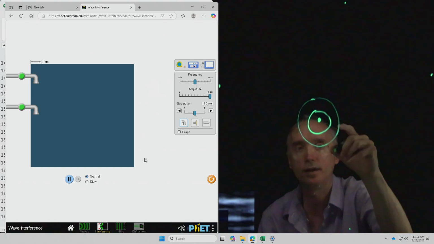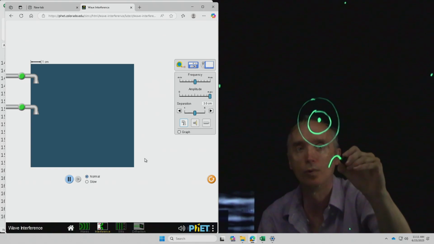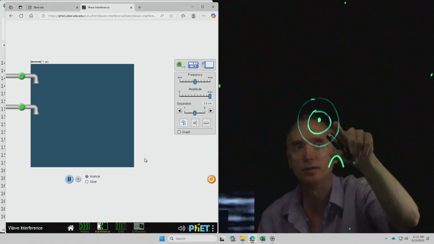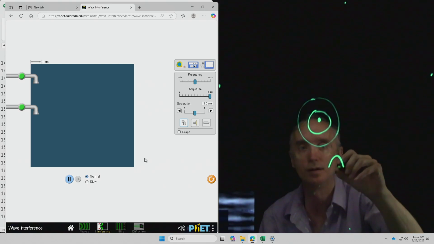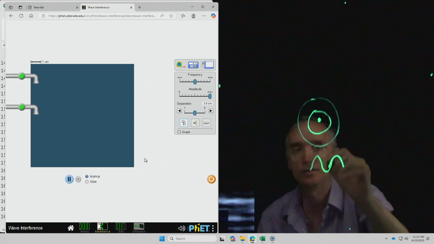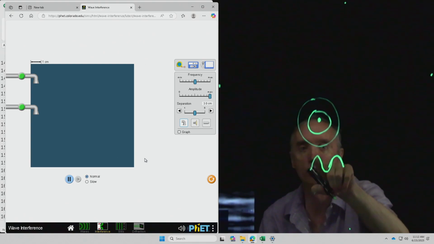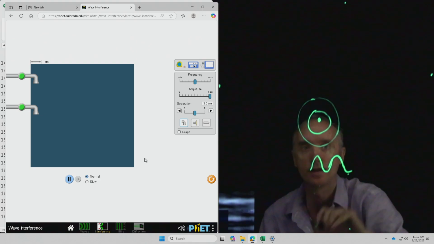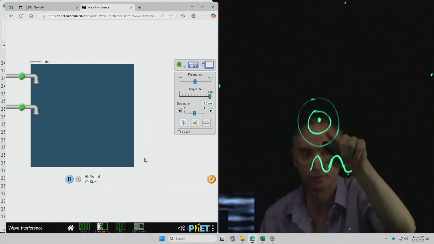So the bright areas were where the wave was at its maximum, and then the dim areas were where it was at its minimum. Okay, so you got bright and then dim, bright and then dim again. So that's the significance of the rings on that.